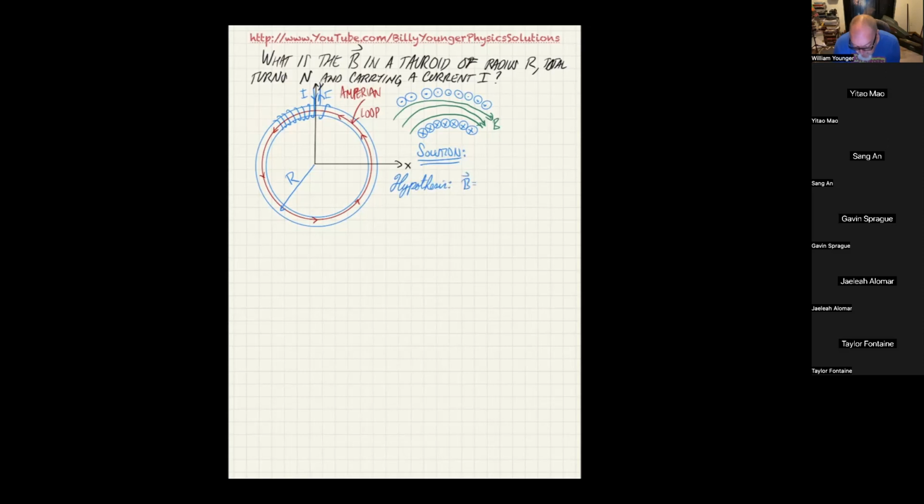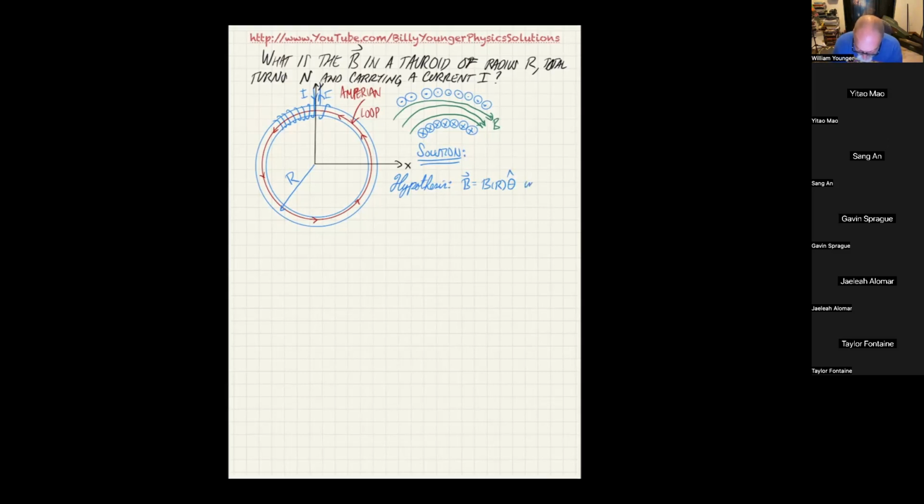B is equal to, let's say, B of R. And actually, I should say B of big R because that's the radius I'm dealing with. So B of big R times theta hat. That's why I chose to draw the X and Y axes this way, because you can see that everywhere the arrows on that Amperian loop are pointing in the theta hat direction.